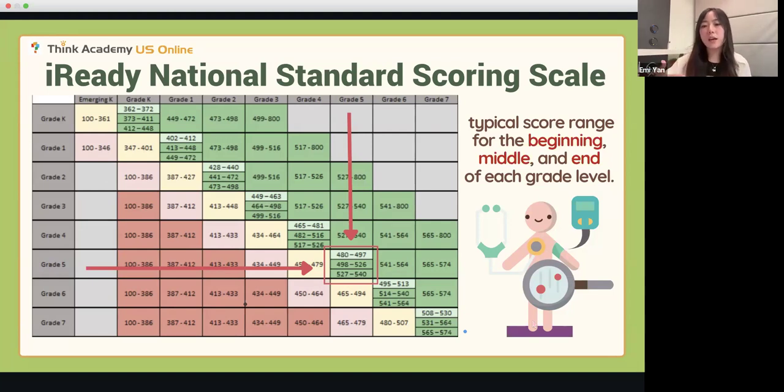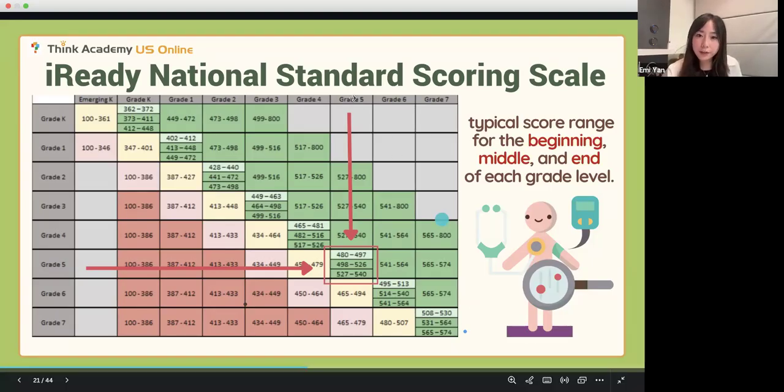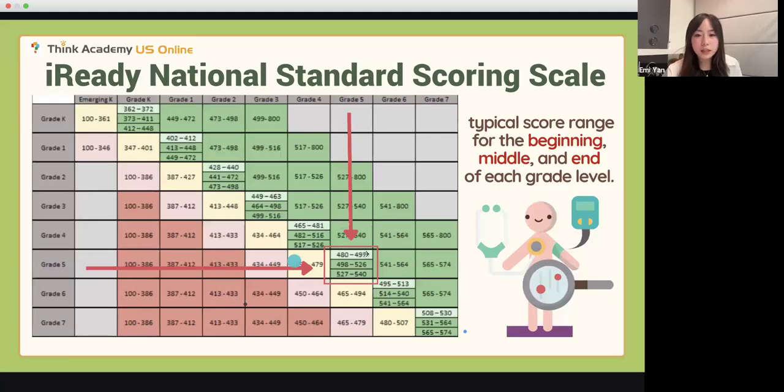This scale will tell you basically what a percentile is. You can use the scale to calculate the percentile of your kid. So if we focus on grade 5, for your kids taking grade 5, it's going to provide you with a range of the score.